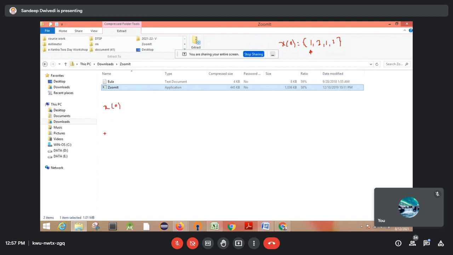You can write these values over here, then x of 1 as it is in the sequence, then x of 2, no even odd is required over here, x of 2, then x of 3, like this. So all the values you can mark over this.